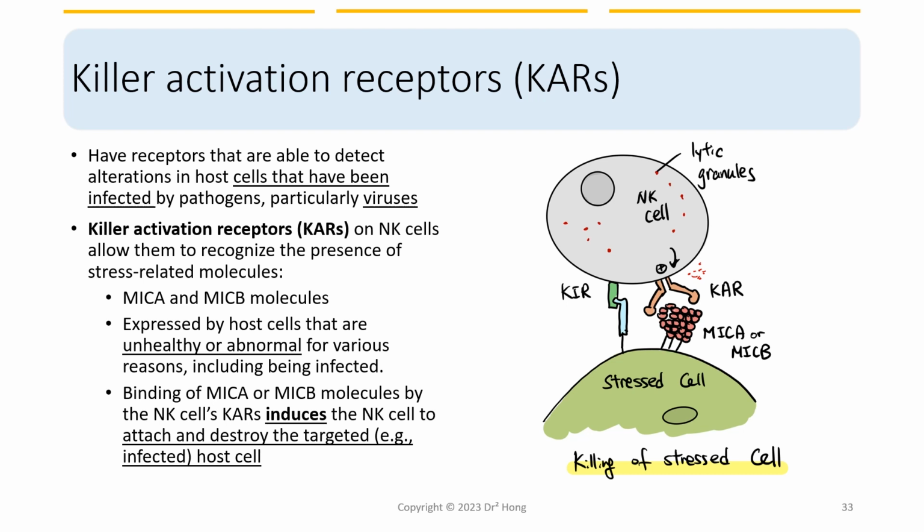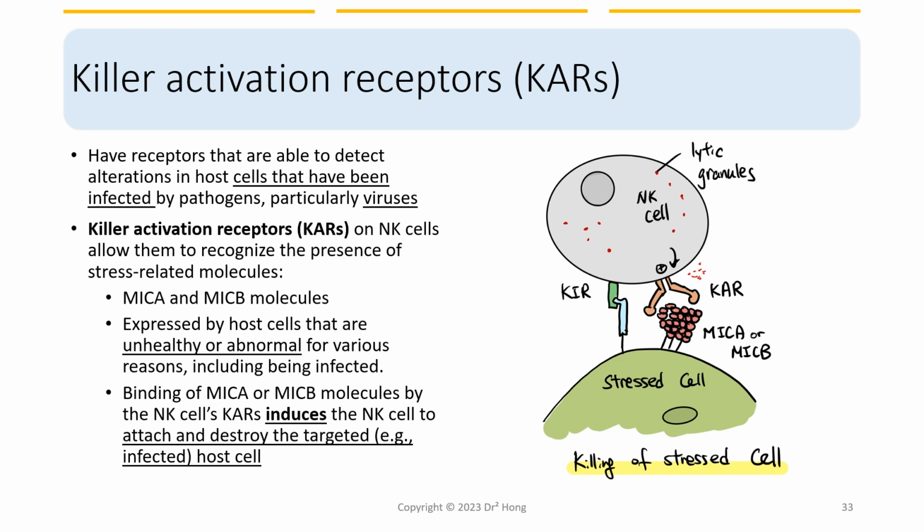Now remember, they have receptors that can detect differences or alterations in host cells that have been infected by pathogens, and particularly we are referring to viruses. So here are the mechanisms of how innate immune cells kill or respond to viral infections. Now, this receptor on NK cells, we call it killer activation receptors. So it allows NK cells to recognize the presence of stress-related molecules called either MIC-A or MIC-B.